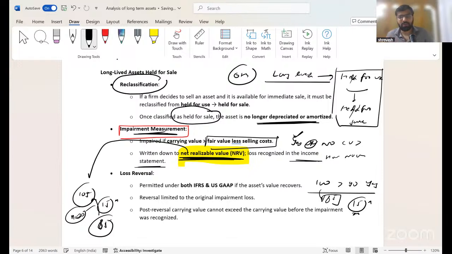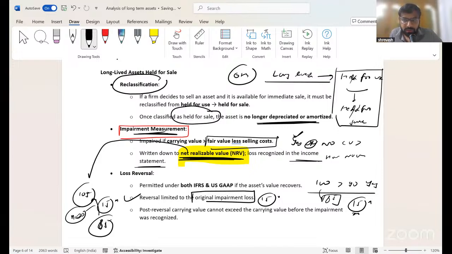When I keep saying original cost, I'm talking about where you originally impaired from. The reversal of the loss is limited to the original impairment loss. That is 15. That is the maximum you can reverse, not more than that.